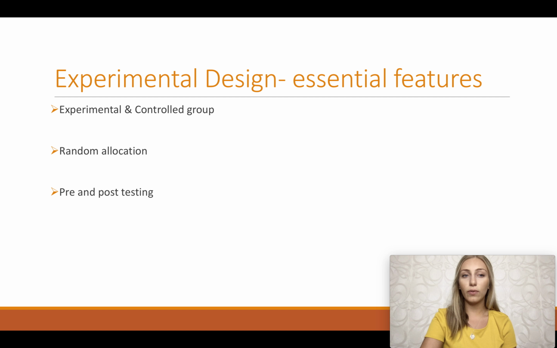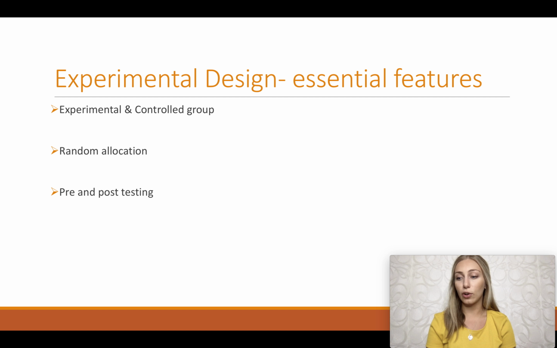So the essential features within the experimental design are that it involves 2 separate groups: the experimental and the controlled group. I'll explain them a little bit further. The experimental group is the group that is exposed to the independent variable. In this case, that independent variable is the consumption of breakfast.